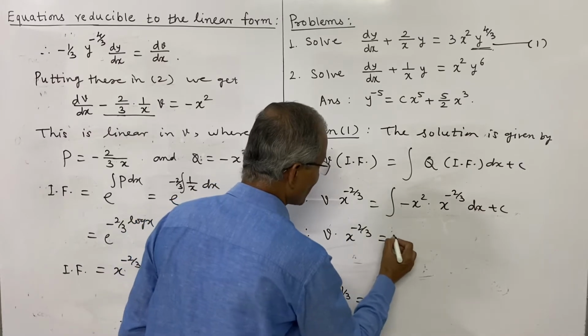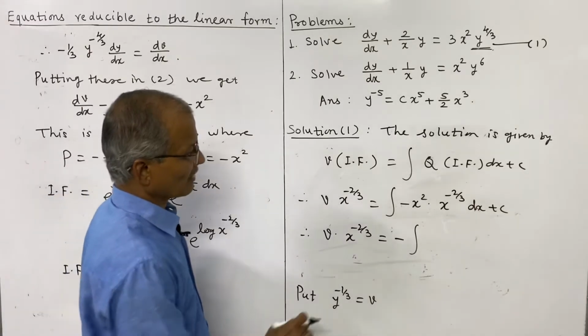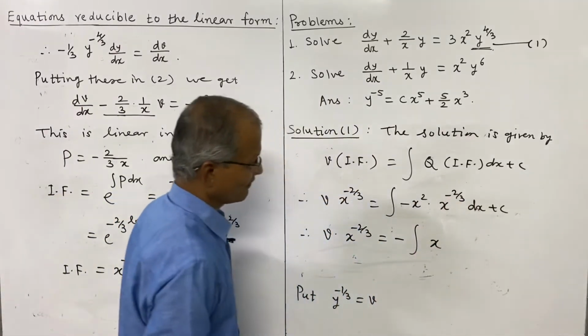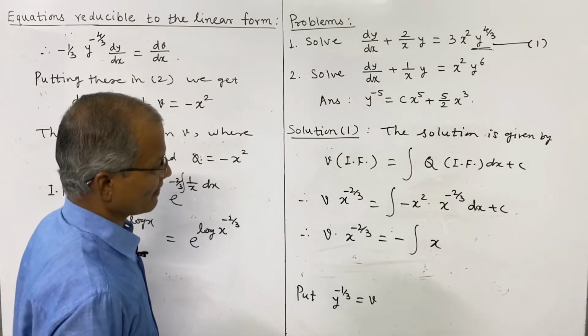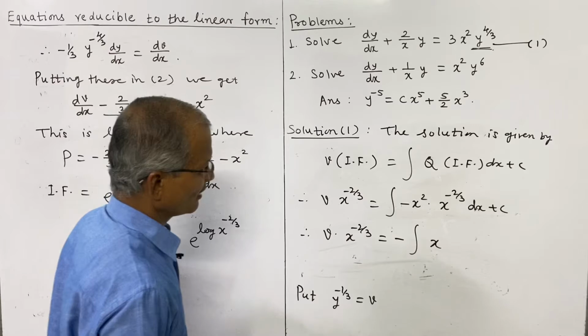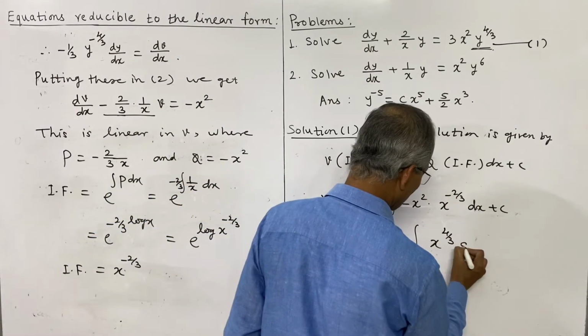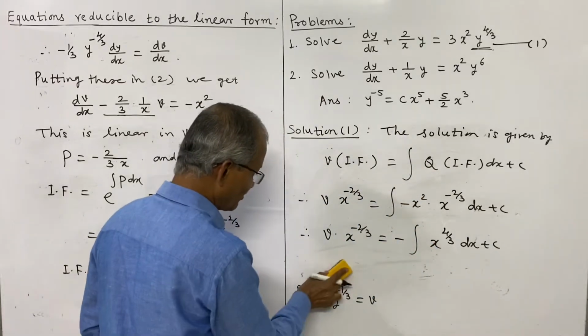is equal to, the minus sign common, and what is the power of x? 2 minus 2/3, so 2 is 6 by 3, and 6 minus 2 is 4 by 3, dx plus constant. Finally we put the value of v.